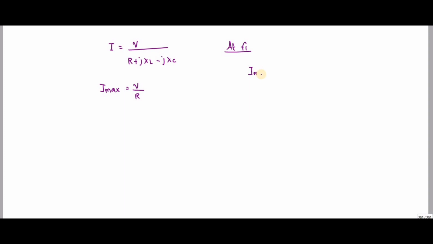So I max by root 2 is equal to V divided by R plus J omega L minus J by omega C. This I can write as omega 1 L minus 1 by omega 1 C. So this I can write as V divided by R into root 2, because the I max value is V by R, right?